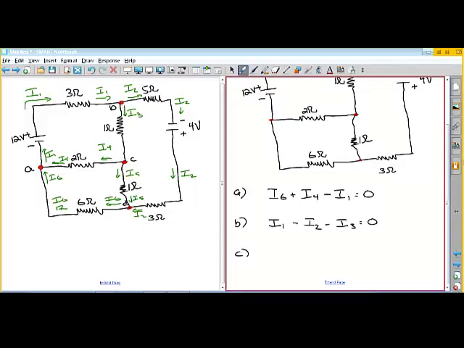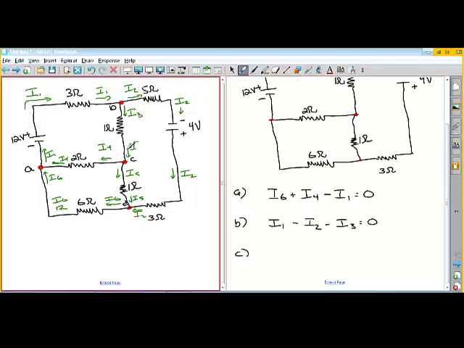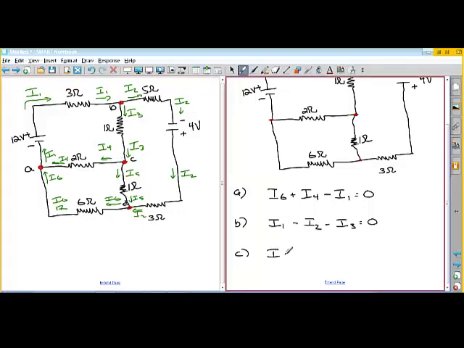Junction C, we have I3 coming down, so let's write that down here, I3. So I3 comes in, and I4 and I5 go out. So we have I3 minus I4 minus I5 equals 0. And then our final junction is this one down here.